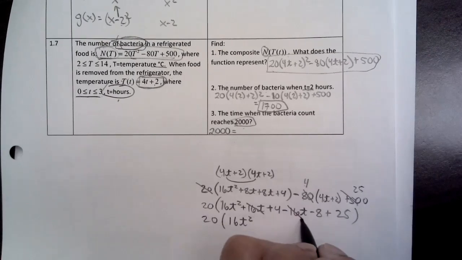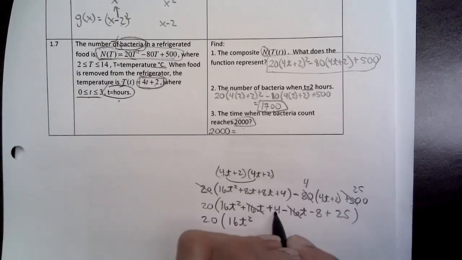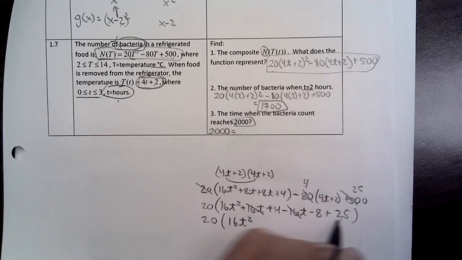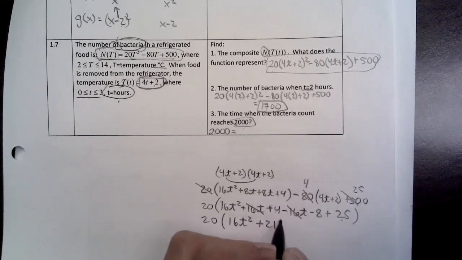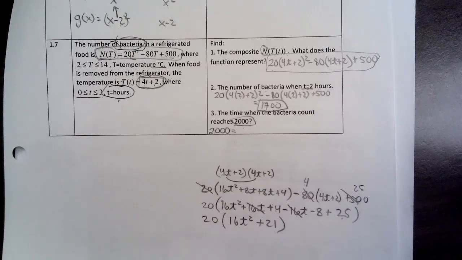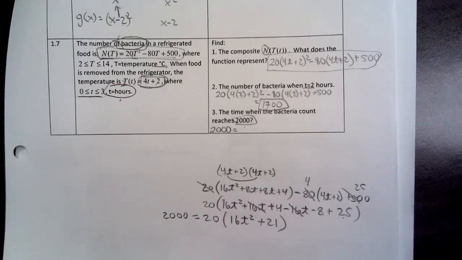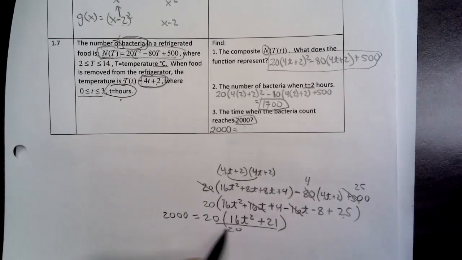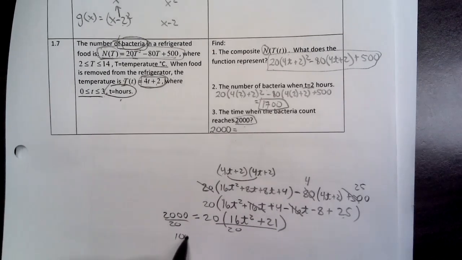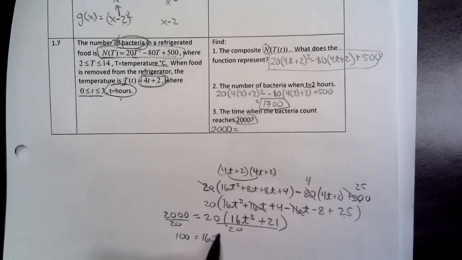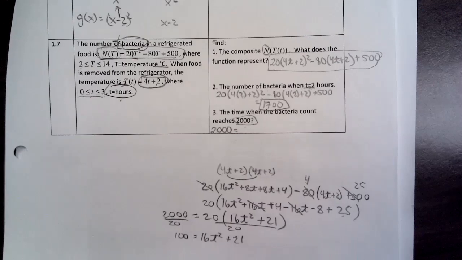That's going to go away. I'm going to get negative 4 plus 25 is plus 21. So now I can just set that equal to 2,000 and solve. I'm going to divide both sides by 20 and I get 100 equals 16t squared plus 21.